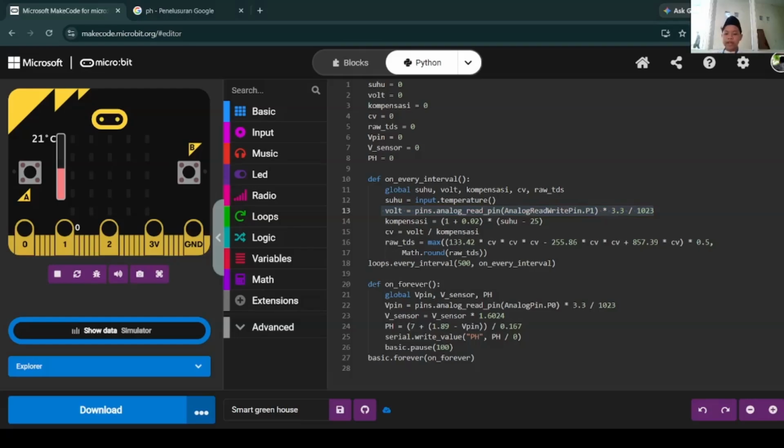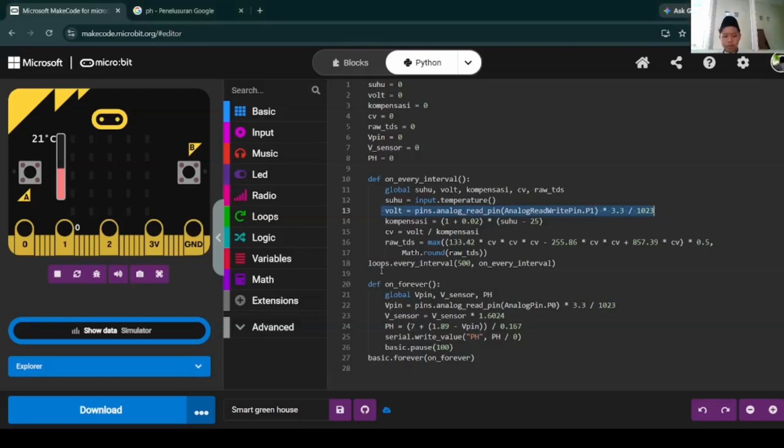The function of that is to read analog data from pin 1, and the analog values range from 0 to 1023. And it will convert the value into voltage. The formula used here is voltage equals analog value times 3.3 divided by 1023.